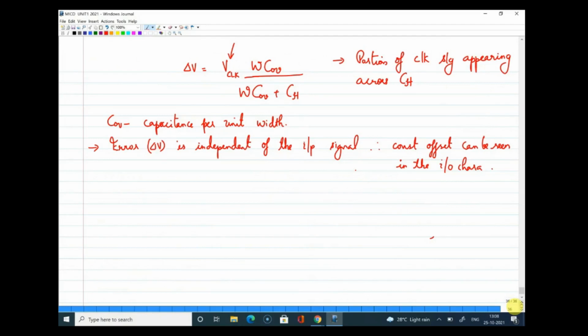Any guess? Yeah, reducing the width. All right, it can have some effect. Reduce V clock, okay. Reducing V clock, but still you will have a delta V component, right?